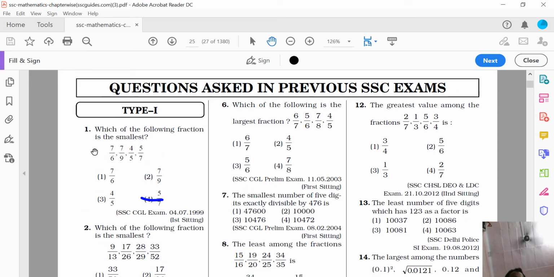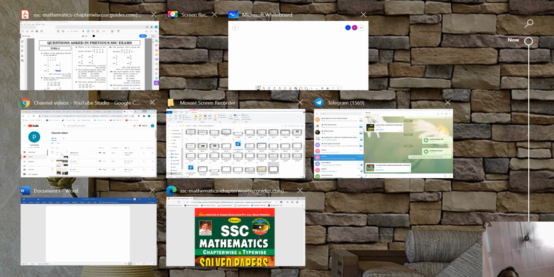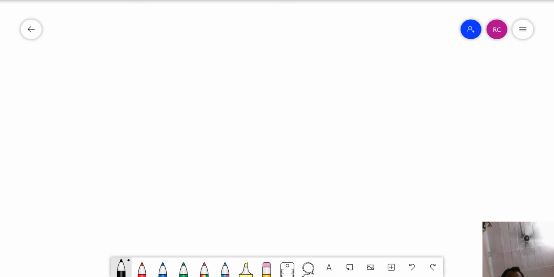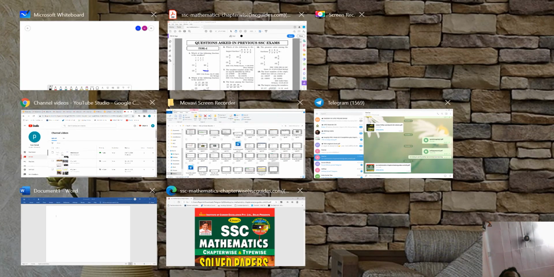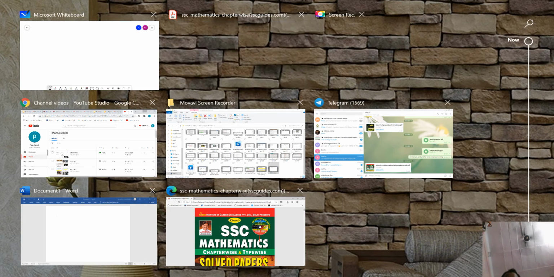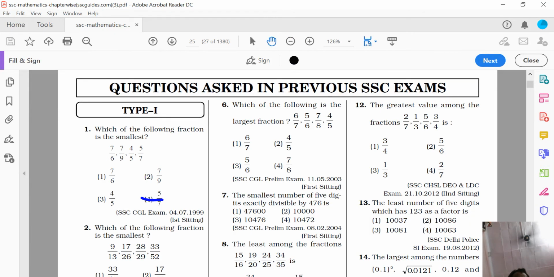So it says, which of the following fractions is the smallest? So let us note the fractions. 7 by 6, 7 by 9, 4 by 5, and 5 by 7. These are the four fractions.